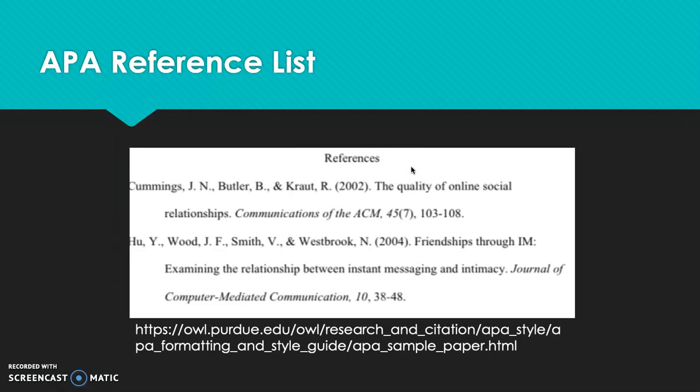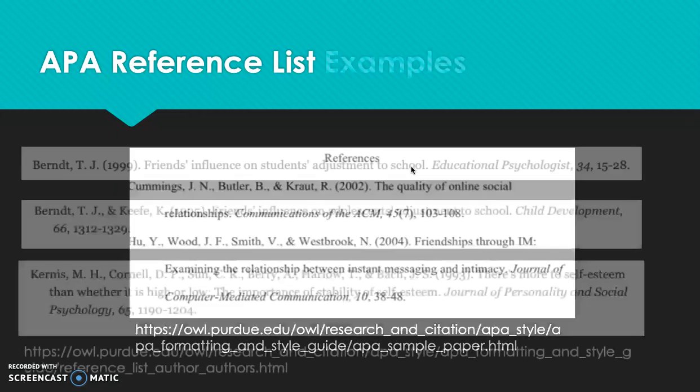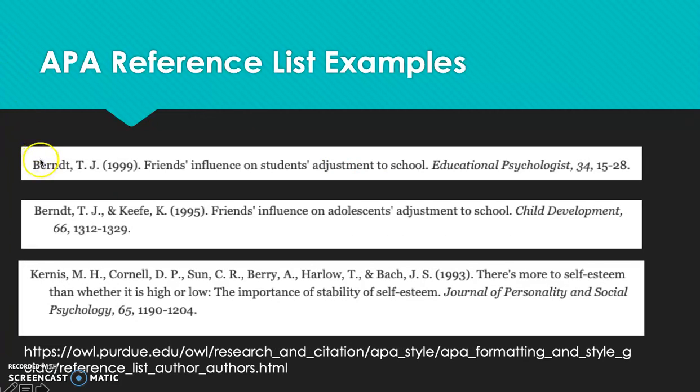One of the first differences you'll notice between MLA and APA is the way you write the name of the author. So here you start with the last name of the first author, followed by a comma with their initials instead of their first name. So it'd be Bernd, T period, J period.